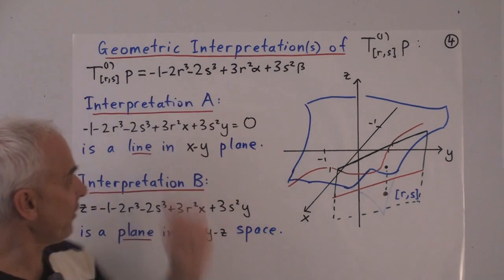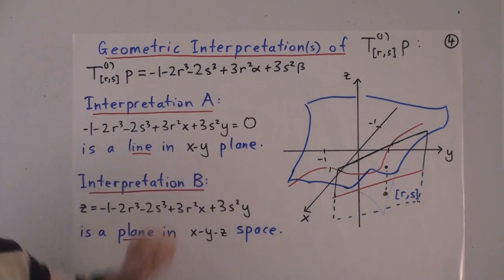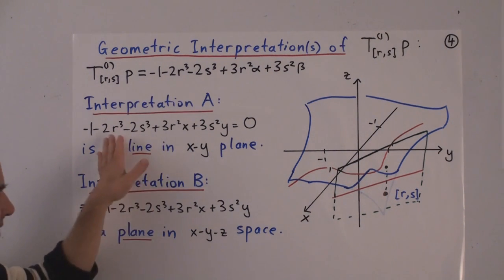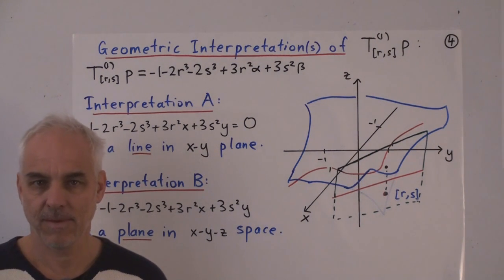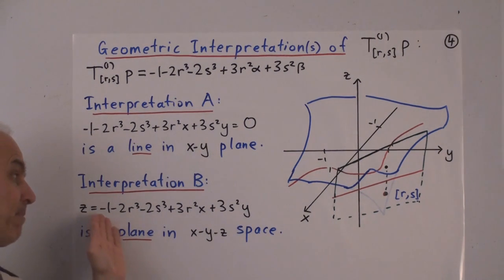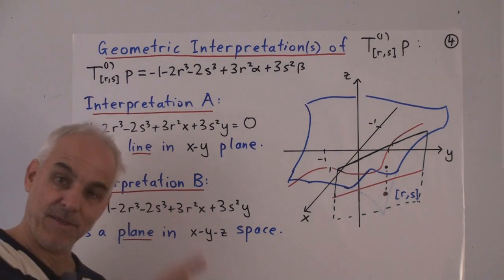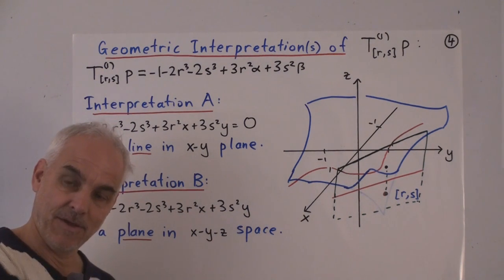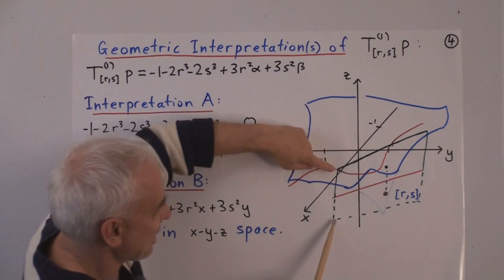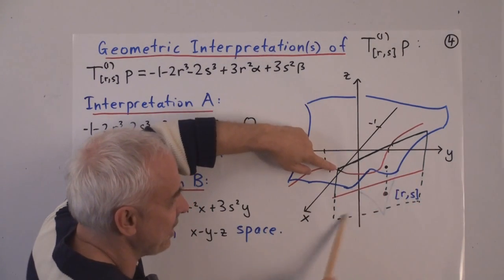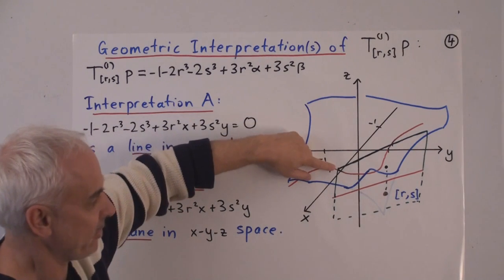Another interpretation of this bi-poly number is to set it equal to 0. Then we get something that lies only in the xy plane. And that's exactly the meet of this tangent plane in three-dimensional space with the xy plane. So in this picture I've represented the tangent plane by this green parallelogram there.